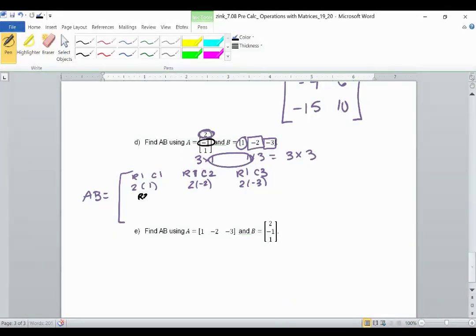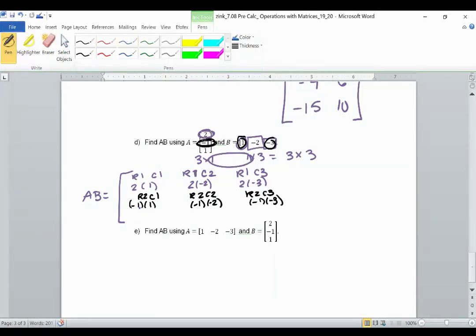So we're going to take row 2, column 1. So negative 1 times 1. Now we're going to do row 2, column 2. So I take the first row as negative 1 times negative 2. And then row 2, column 3 be negative 1 times negative 3.